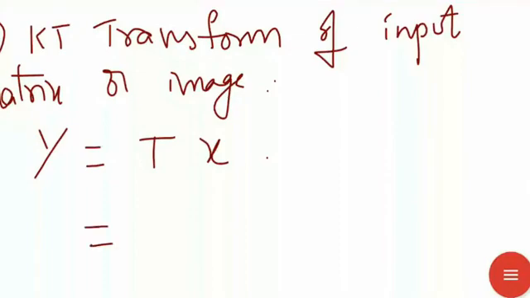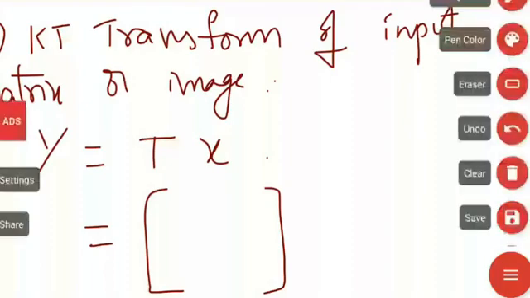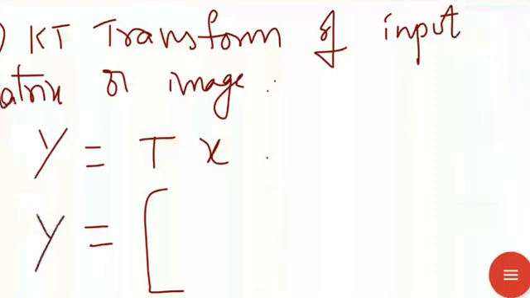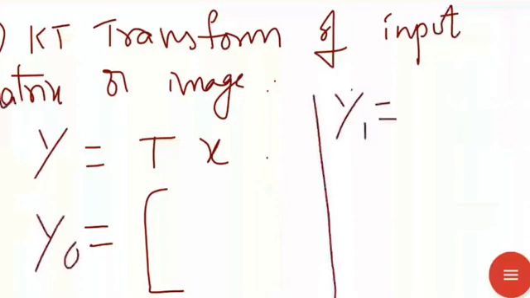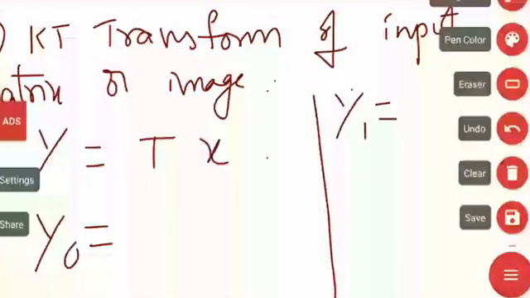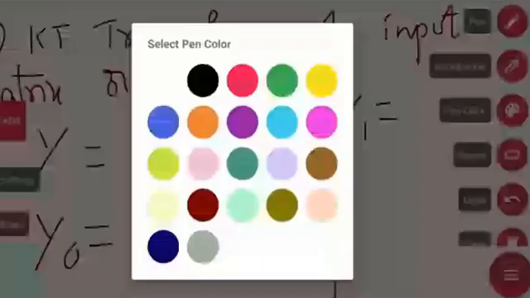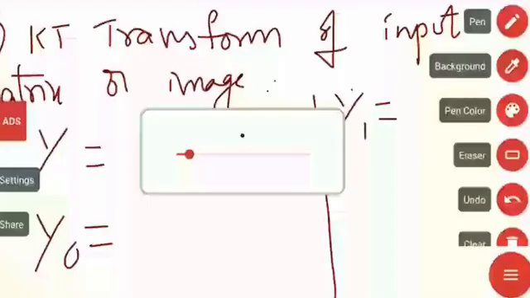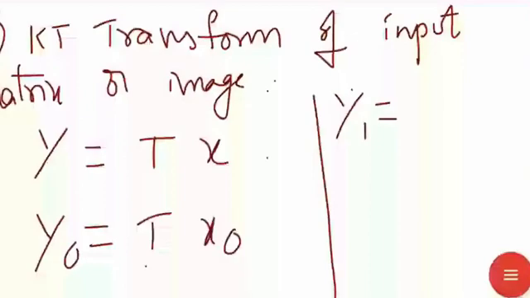Now substitute T x, and follow the method like this. Find y0 and y1 using the formulas: y0 is T x0, y1 is T x1.